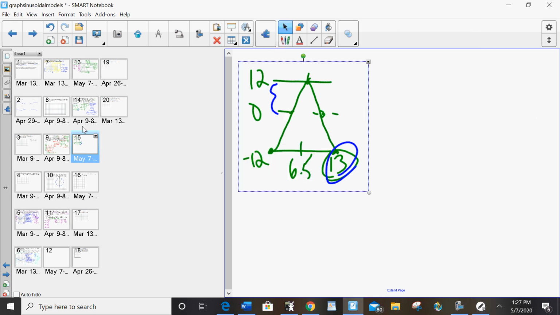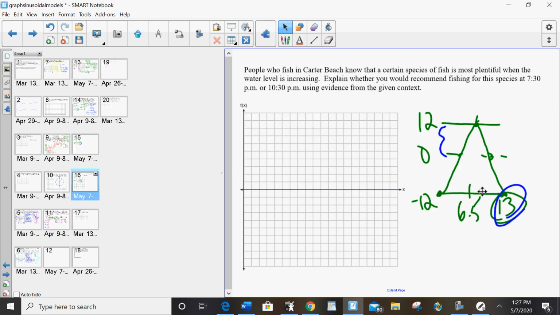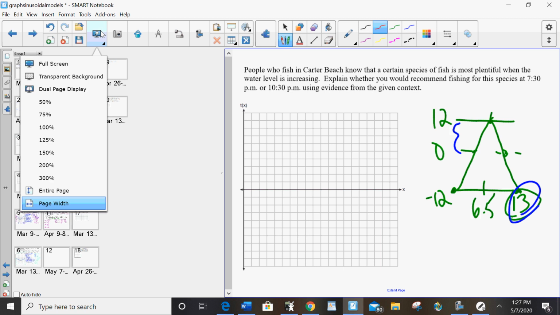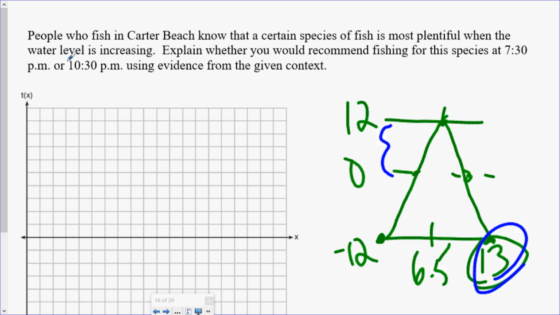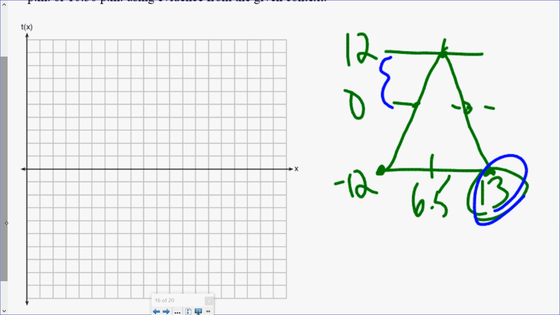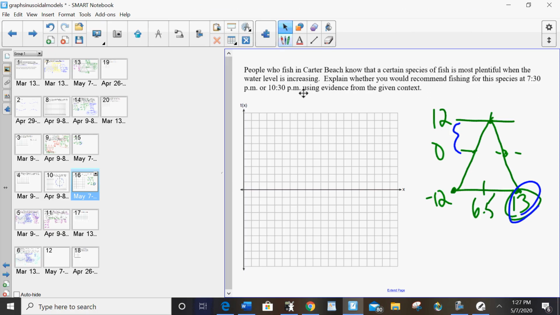Control C, Control V. Can I go by ones? I don't think so because there aren't enough boxes, so I'm going to go by twos. Let's just make it smaller so everything fits.